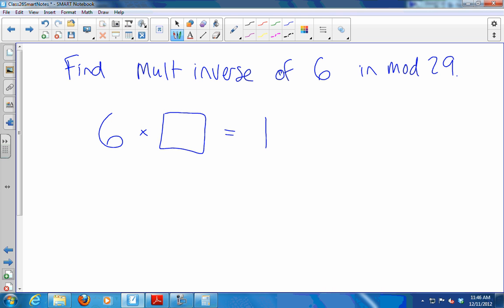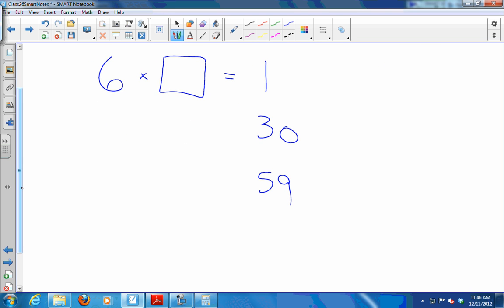And an easy way to get that is to just take the 1 and add the modulus of 29. 1 plus 29 is 30. 30 plus 29 is 59. 59 plus 29. So these are just a bunch of numbers that are equivalent to 1 in mod 29 arithmetic. Any of these numbers, if I divide them by 29, I get a remainder of 1. That's what it means to be equivalent to 1.